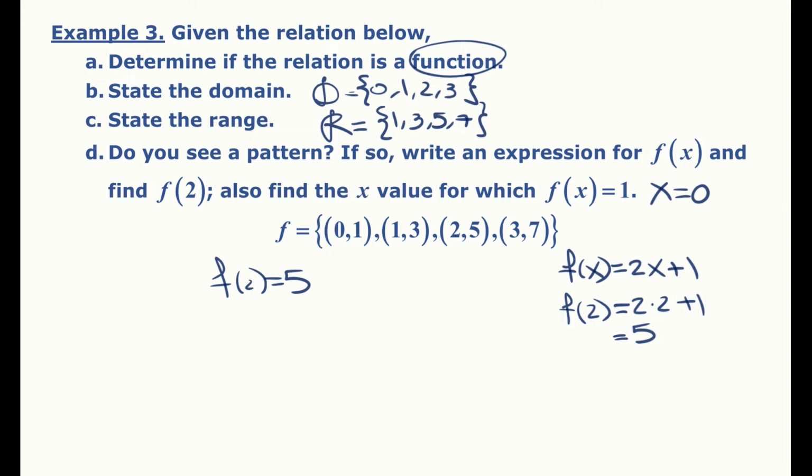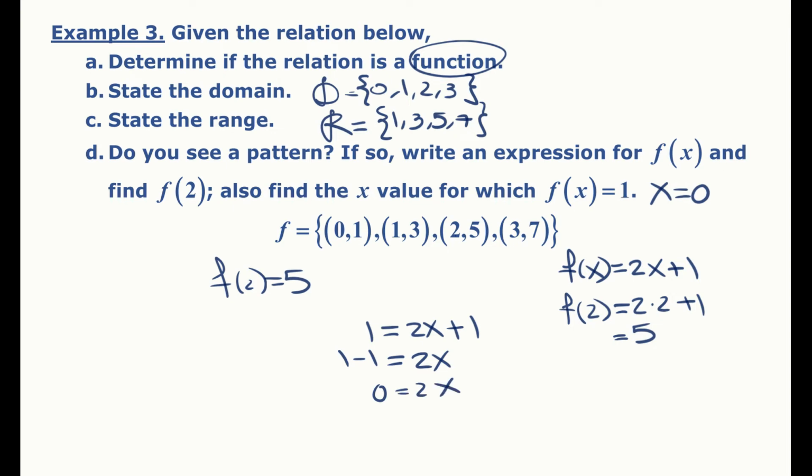Could we have used this definition to find it? Well, let's find out. Remember, this time we're going to replace f of x with 1. So we get 1 equals 2x plus 1. Now we're going to go ahead and solve for x. So we get 0 equals 2x.